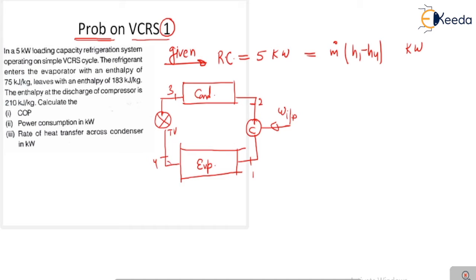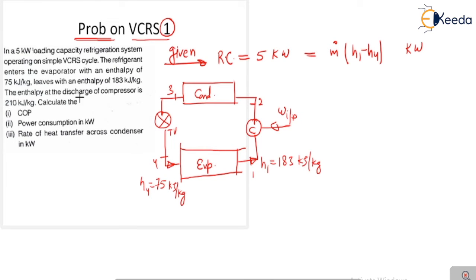So here the refrigerant enters the evaporator with an enthalpy of, that means H4 is equal to 75 kilojoule per kg. Okay, right? Leaves with an enthalpy of, that means H1 is equal to 183 kilojoule per kg.